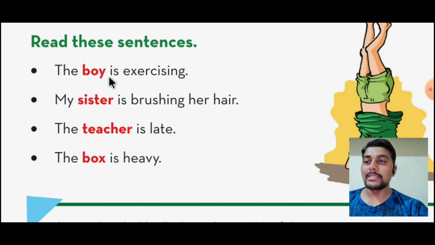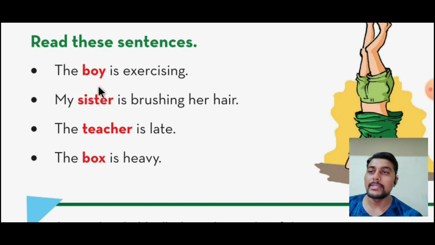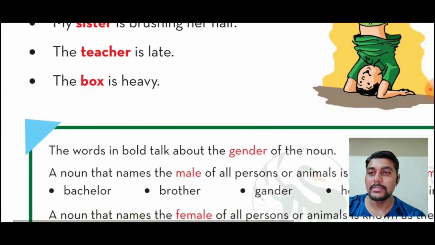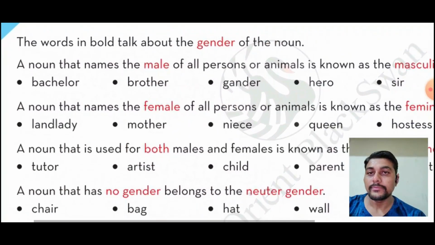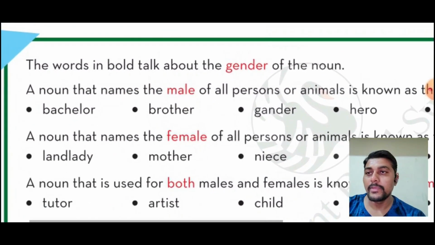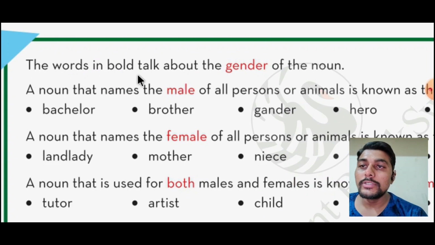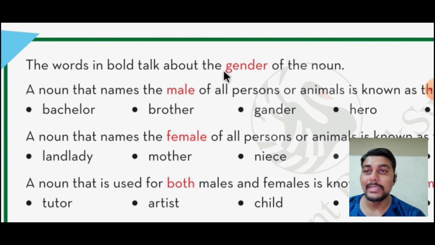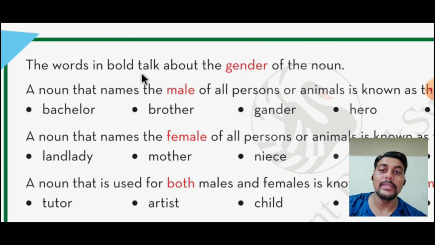Here all these words, in red font, are nouns, and these nouns will be categorized in different genders also. We will see all these things. The first one is: the words in bold talk about the gender of the noun, the ones in red color.